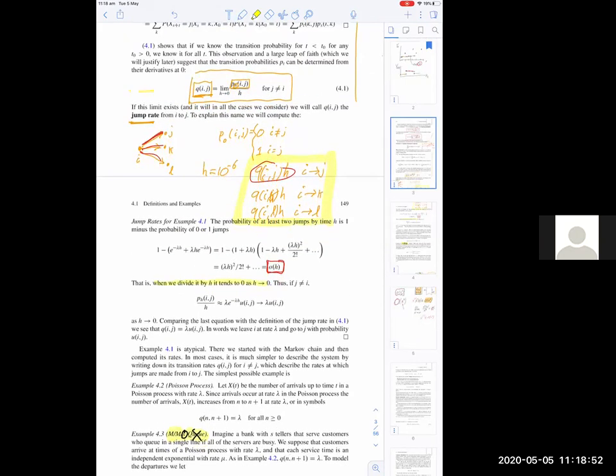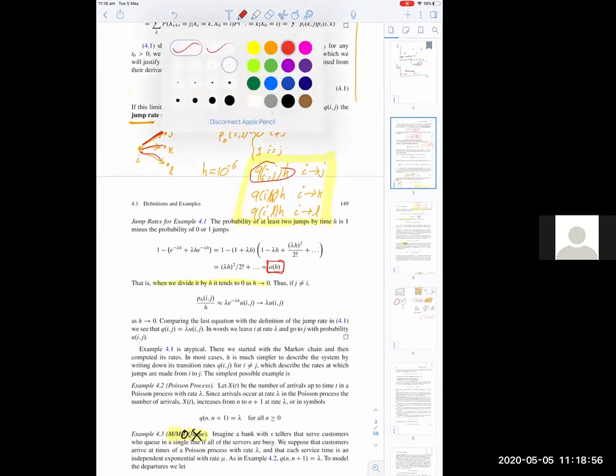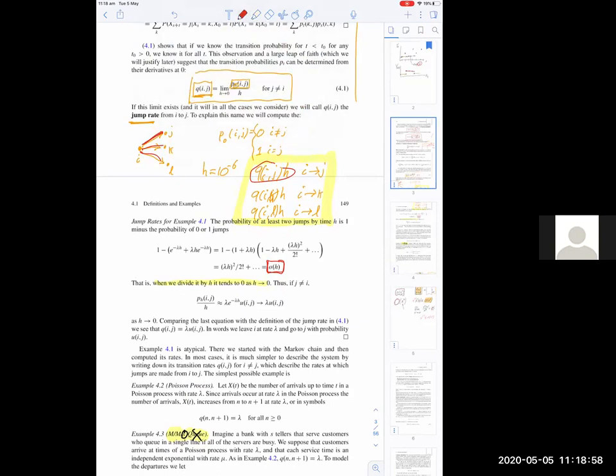I said informally that you're going to speak about little micro experiments, where each micro experiment takes a time duration h. Think of it as 10 to the minus 6, but of course we're doing mathematics here, so h can be arbitrarily small. And when you're doing q_ij times h, you roughly would go from i to j with this probability.